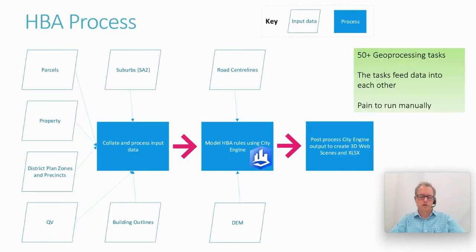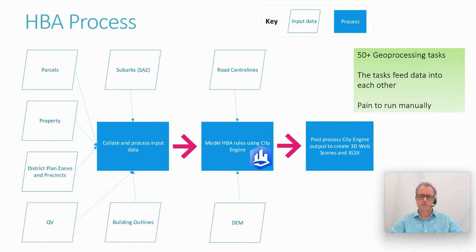So here's a diagram illustrating the HBA process. There's three main chunks that are shown in blue, and the inputs are shown in white. The first stage was to collect and process input data, and this was the largest step for us, well, the most complex at least.